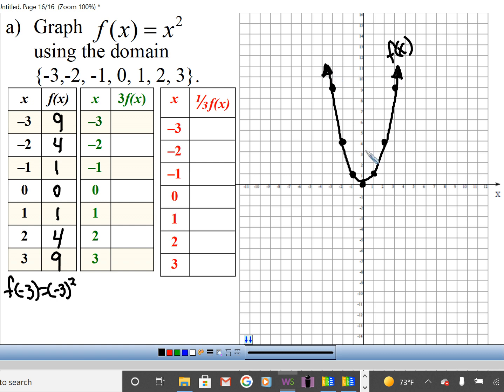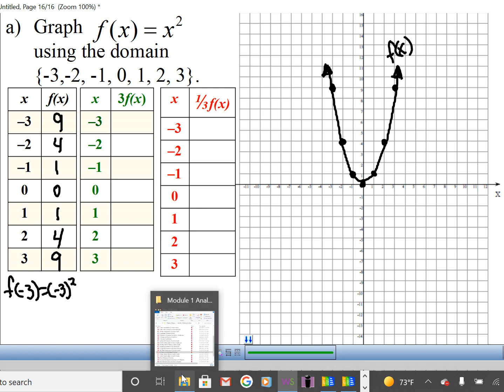All right, so for today, we have a couple new transformations. So, writing utensils down, let me show you the first one. Ready? Look up to the screen.